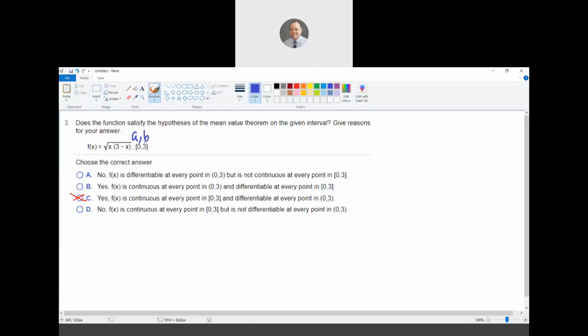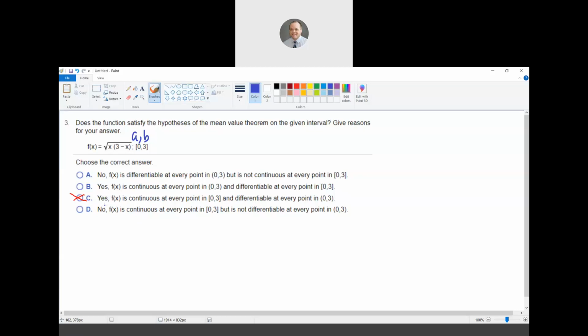First thing we need to find is our derivative. Now, let me explain the answer. What the answer means is that f of x is a continuous or smooth curve everywhere from 0 to 3.